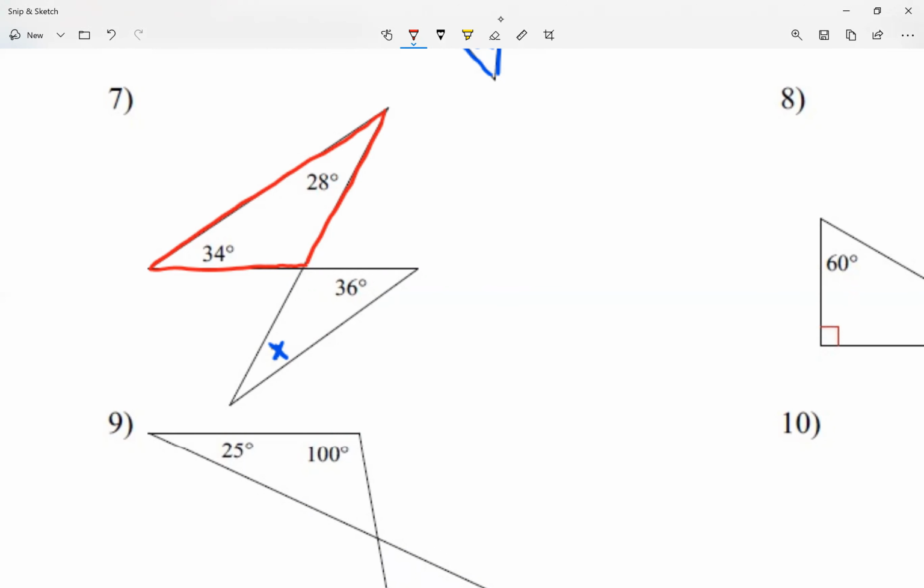If I add 34 plus 28, I get 62. Let me subtract that from 180. The reason why I subtracted from 180, again, is because all three angles add up to 180. So I added 62, and I needed to know how much more to add to 180. In this case, 118. So I'm going to say this angle is 118.